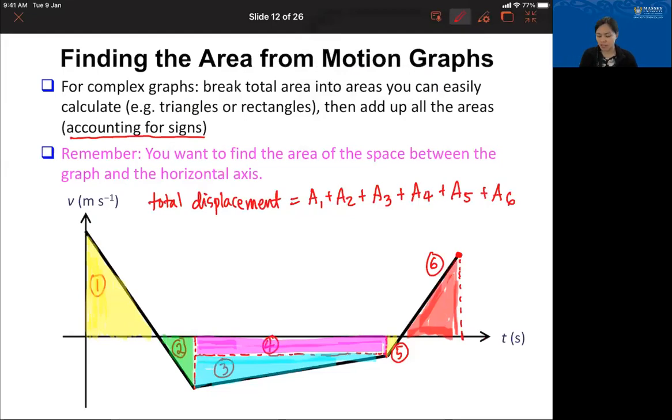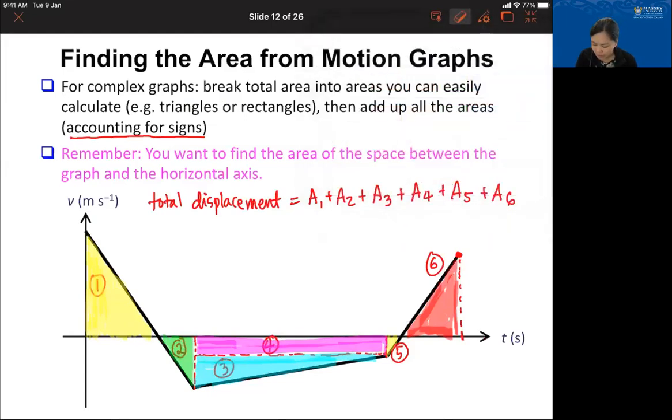So which areas are actually negative in this graph here? Yep, very good. Good. I can see correct answers in the chat box. So we said that any space below the horizontal axis will give us negative areas. So this area 2, 3, 4, 5, they are below the horizontal axis.